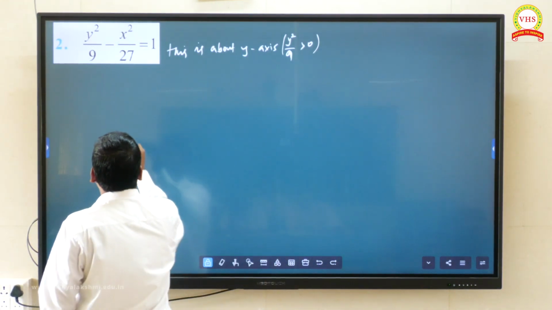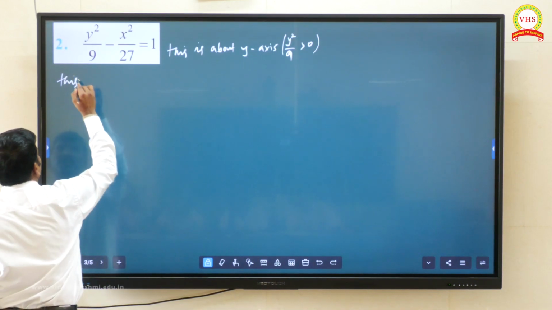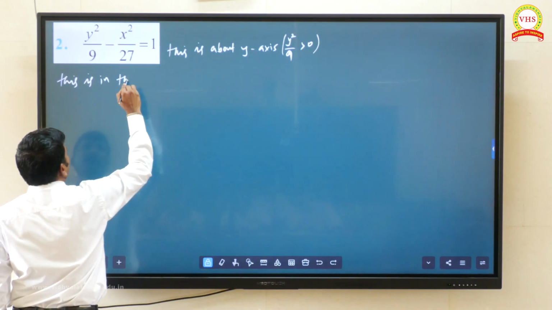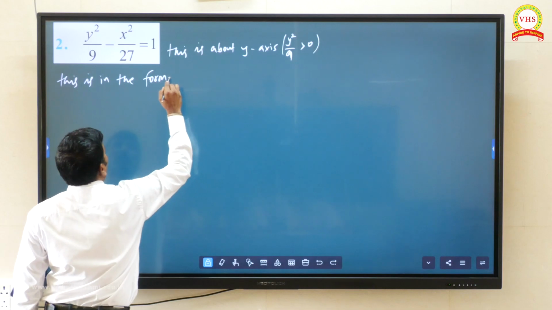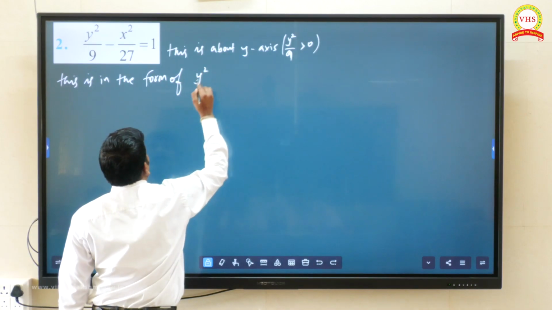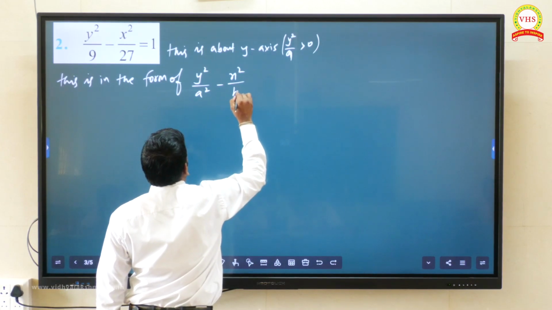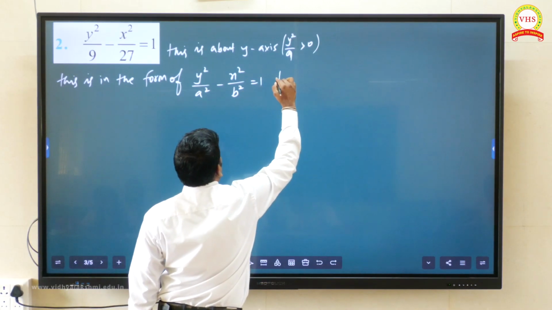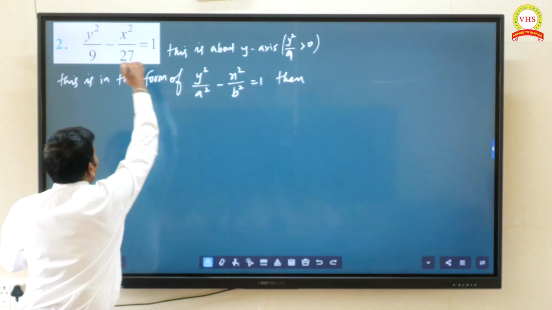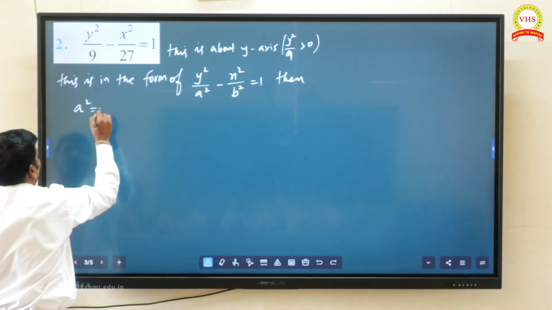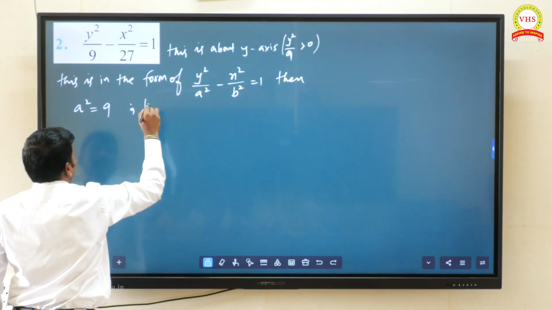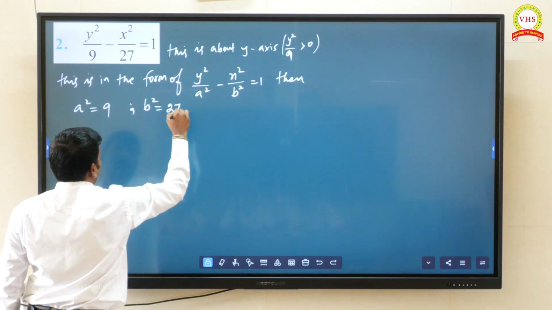So the formula, how will you get it? This is in the form of y square divided by a square minus x square divided by b square equal to 1. Then compare both. Then what am I getting? a square equal to 9 and b square equal to 27.